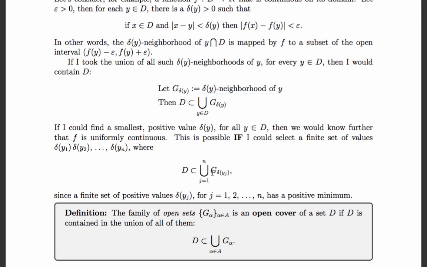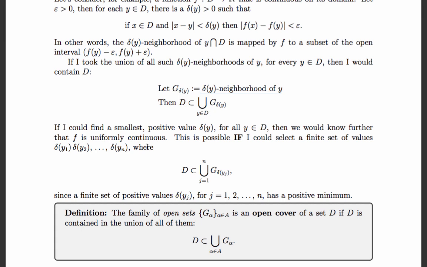So let's give these ideas some verbiage, some words to describe these ideas. Let's describe this idea here, this idea that the domain can be contained in the union of a family of open sets.